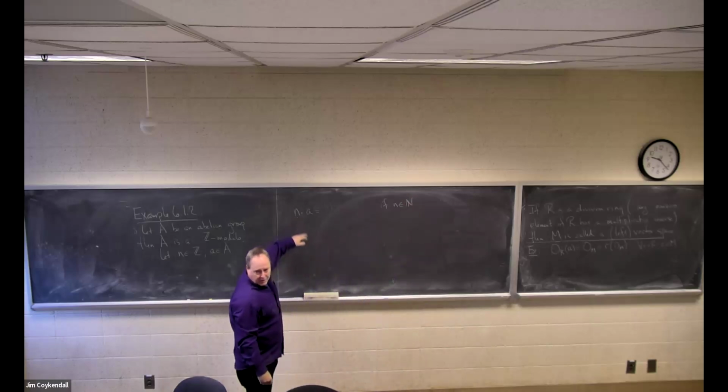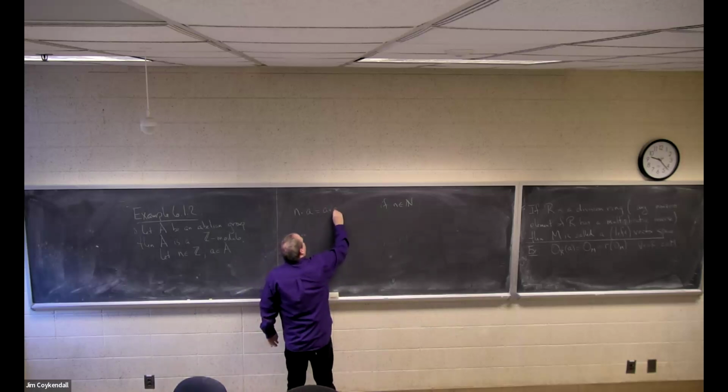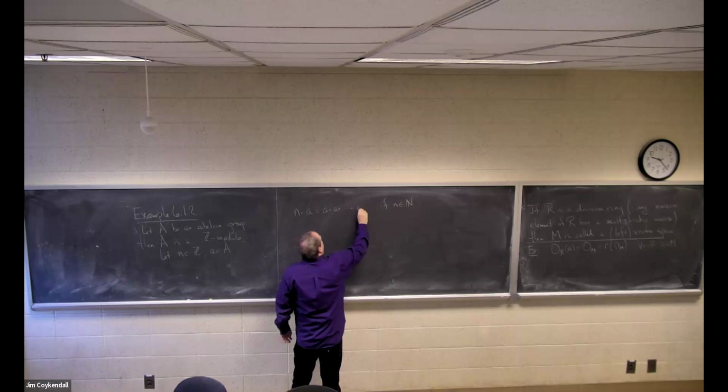Suppose n is a natural number, like 2 or 7; then n times a is just a plus a plus a, n times.